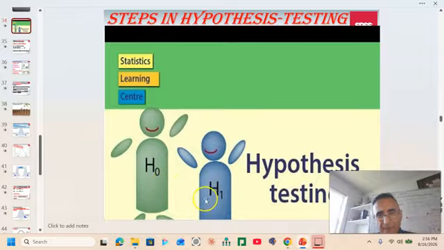If you're saying there's a difference between your treatment group and the control group, null says no, it's the same thing. Your medicine is not working. Your therapy is not working. At the end, the mean will be the same. I don't think so. So you have to test your hypothesis and disprove the null.